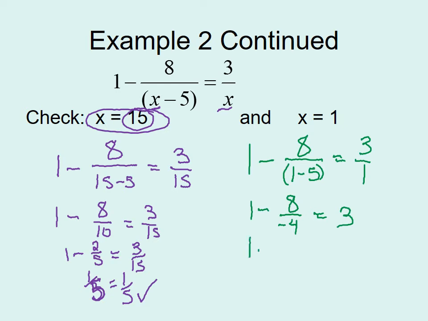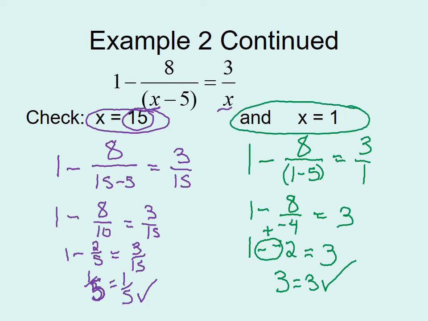So 1 minus 8 divided by negative 4 is a negative 2. 2 negatives make a positive, ladies and gentlemen, and 3 equals 3. So there is my check. In our case, both of these are going to be solutions that work. So make sure that you guys are checking these, please, please, and thank you.